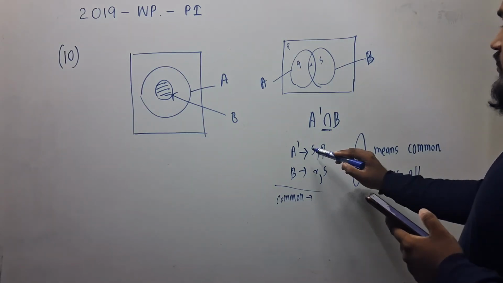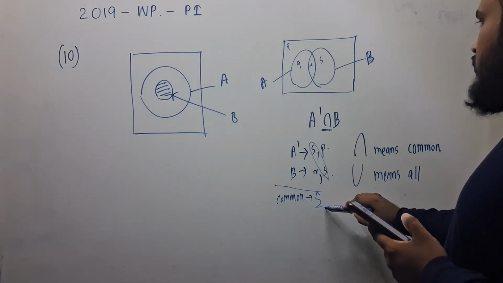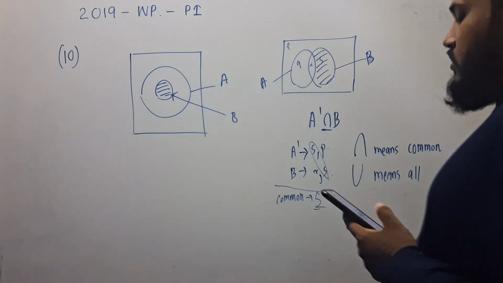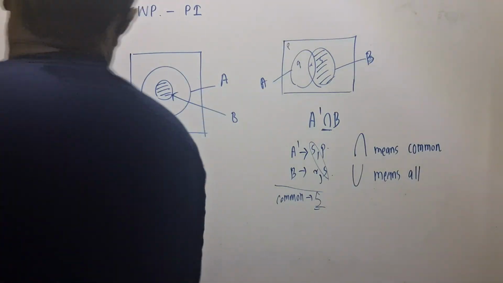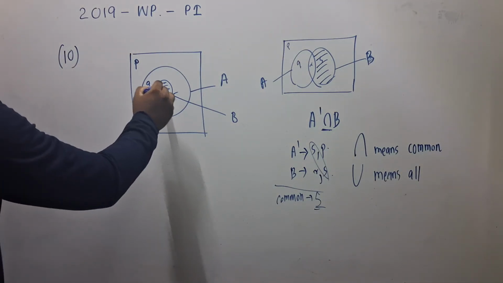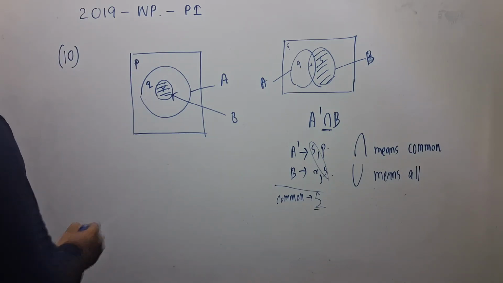We have written S and P, R and S. So what is common? S. So what do you have to color? The region S. You can do the same thing here, but there are no four regions, so you can put P, Q and R.